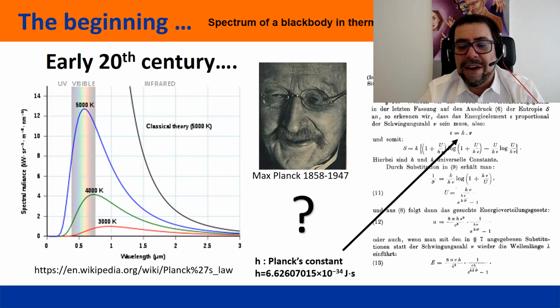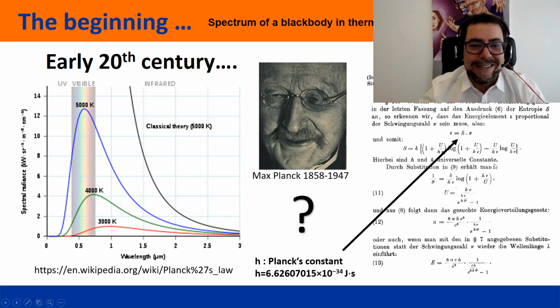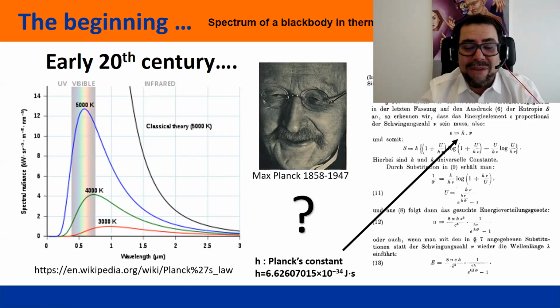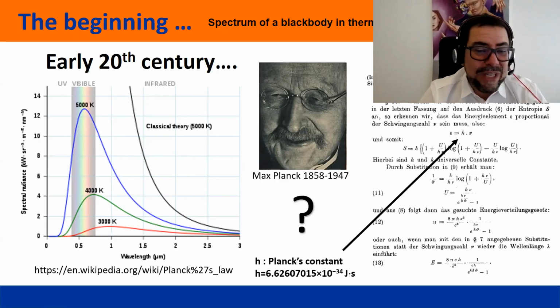And notice here that he says h and k are universal constants, but he doesn't say where this is coming from. So this is a piece of history which is very interesting, to motivate you to understand that in science, sometimes you don't know where things come from, and it takes a lot of work to understand these things.